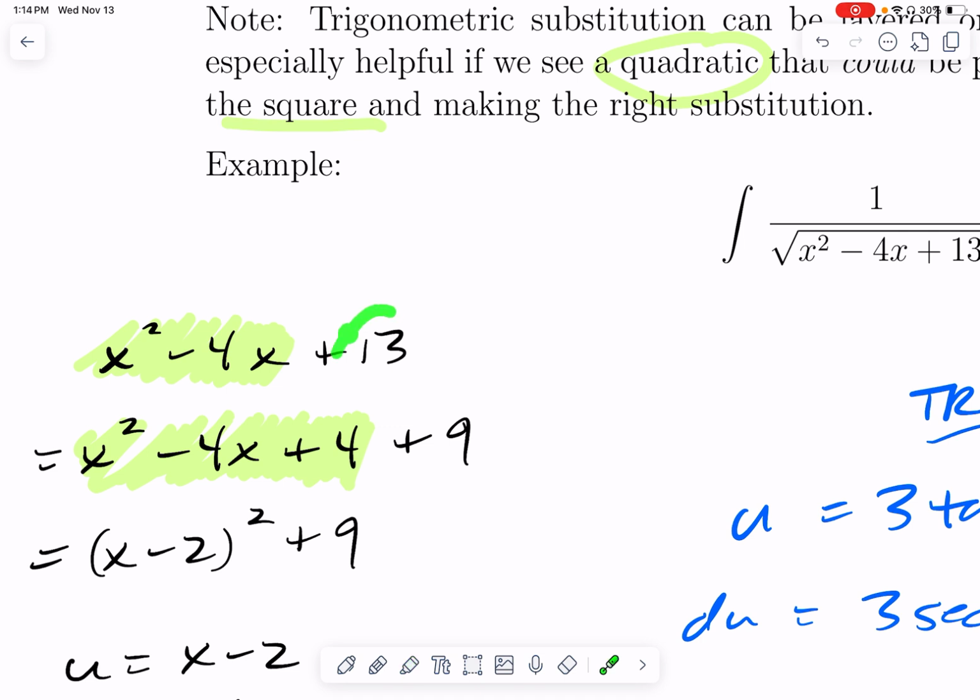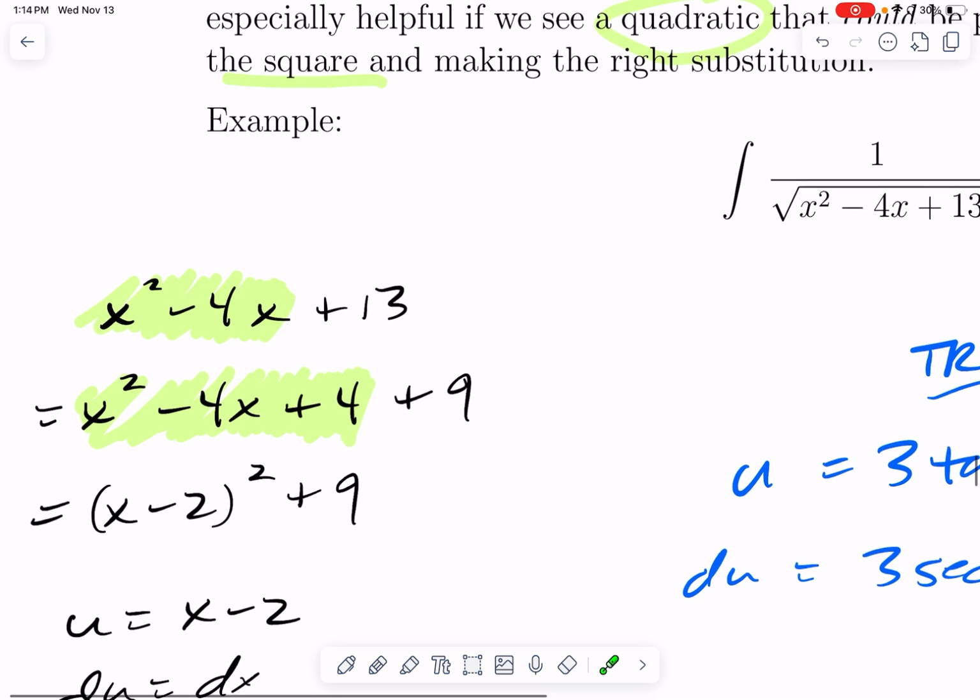So I'm just going to take this 13 and say 4 of them go here to nice and conveniently complete the square, and the remaining 9 are here. So what I actually have is quantity x minus 2 squared, this is my perfect square, and perfect squares are really nice here, plus 9. So this is of the form something squared plus 9, and that's good news for us.